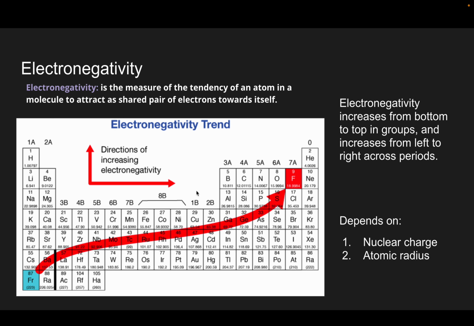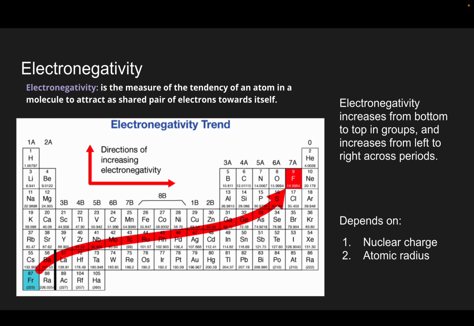So as you already know, nuclear charge increases when you go to the right, and this is the reason why electronegativity is higher, because an element has a higher nuclear charge to pull the electrons.